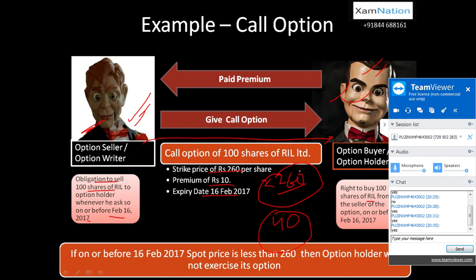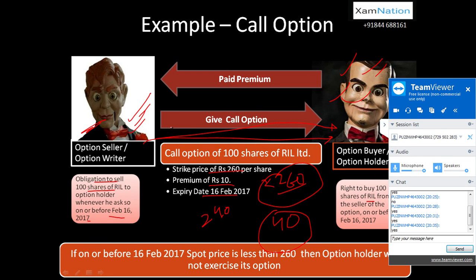If the price is greater than 260, this person will exercise the option and the profit will be transferred to him. If the price is less than 260, for example 240, then he will not exercise his option. But it's not that he is at any benefit, because he will not exercise the option, so no transfer will happen. Getting my point?